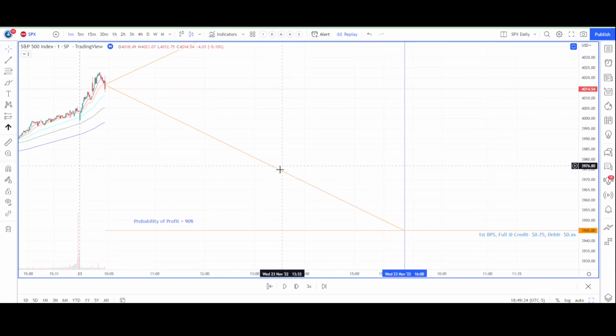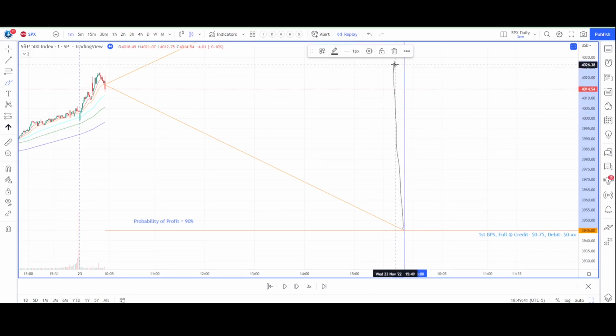So when looking at this, as long as the index closes from here all the way up to infinity, I'm going to be profitable. In the real world, we know that by using our hard stop, we are decreasing our probability of profit by approximately 10%, meaning our effective probability of profit is now approximately 80%.